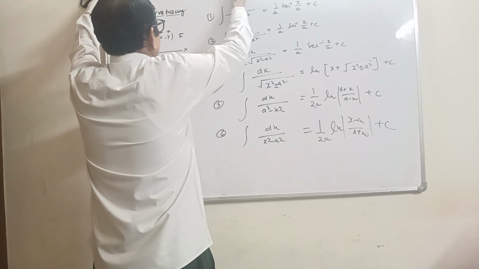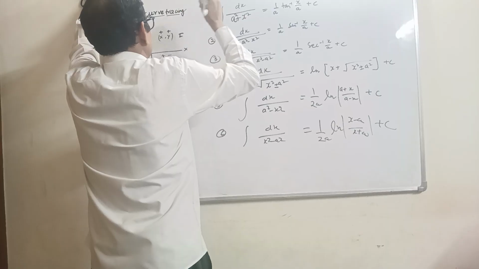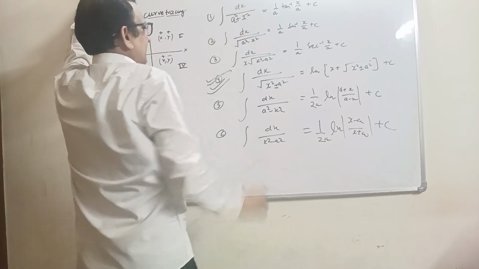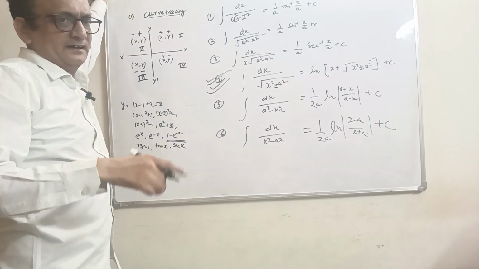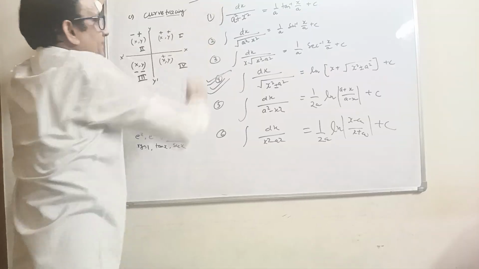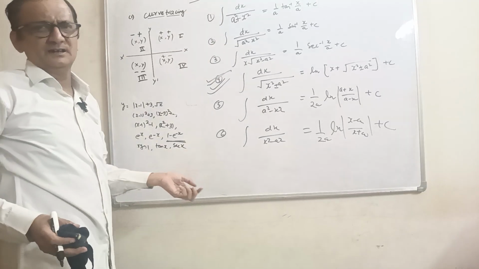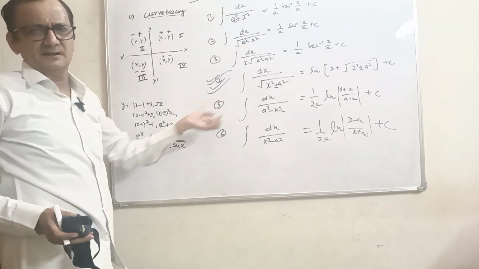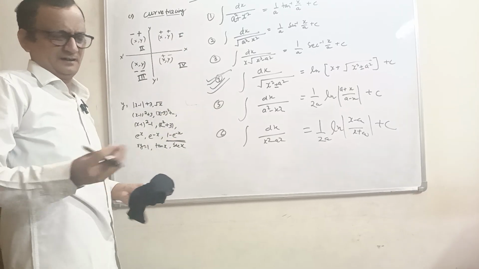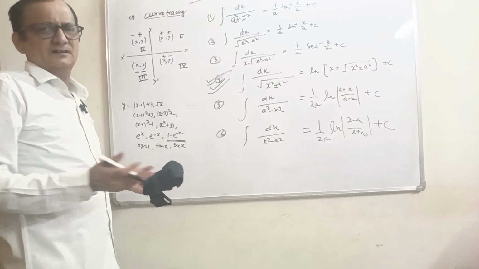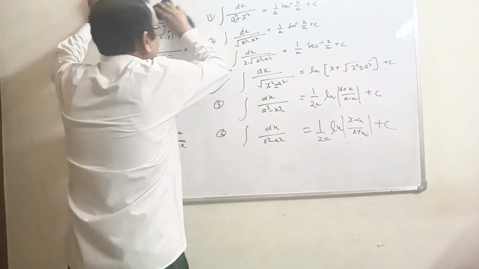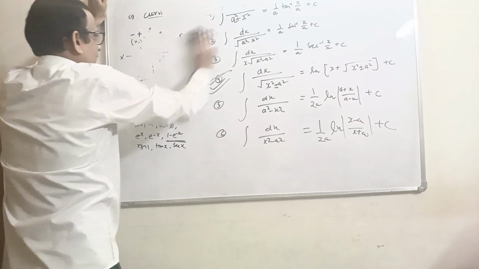We write the first function as it is, times the integration of the second, minus the integration of the differentiation of the first function times the integration of the second. That is the formula. So you should also read mathematical books, which give the formulas and derivations. These formulas should be memorized by yourself.